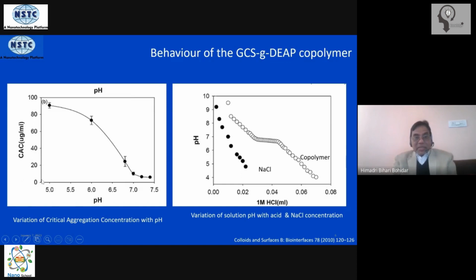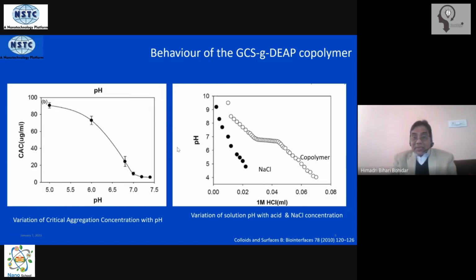And you see at acidic conditions, it forms micelles at a very high concentration, something like 90 micrograms per ml. Whereas in neutral pH, the same can be achieved at one fourth of that concentration, which is typically about 20 micrograms per ml. So this is a property that is going to be utilized. Secondly, we have to trigger it when it is in the acidic condition, because that is where the cancer location is.